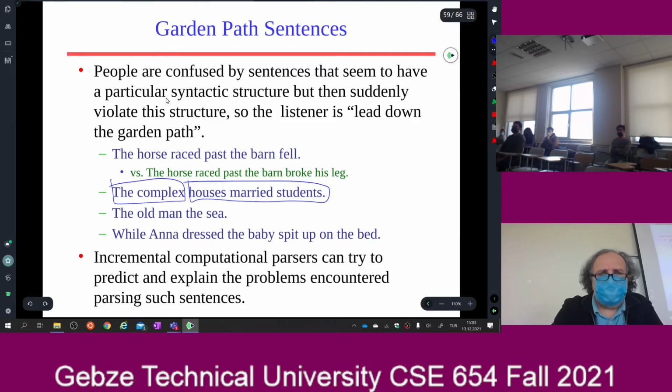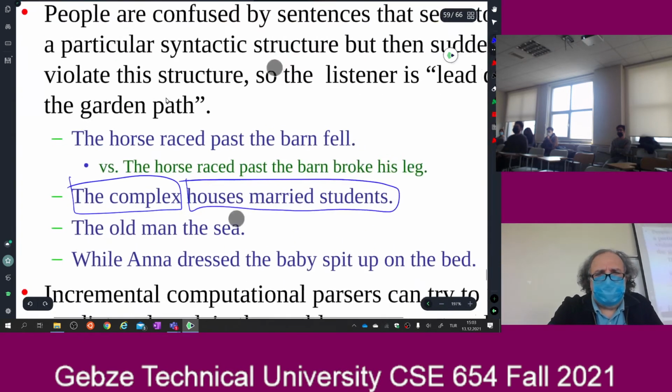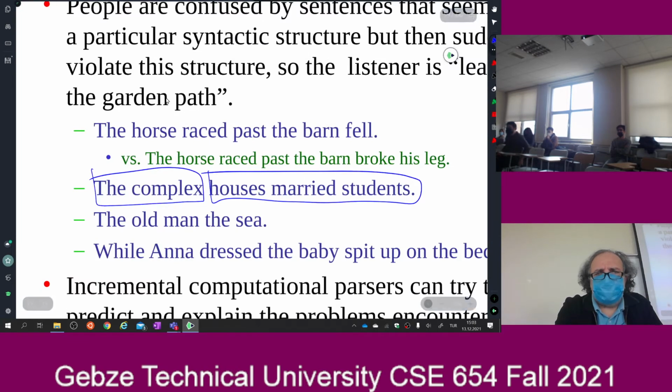For example, this one. Can you translate this into Turkish? The horse raced past the barn fell.